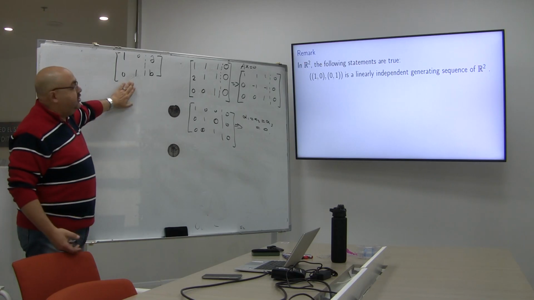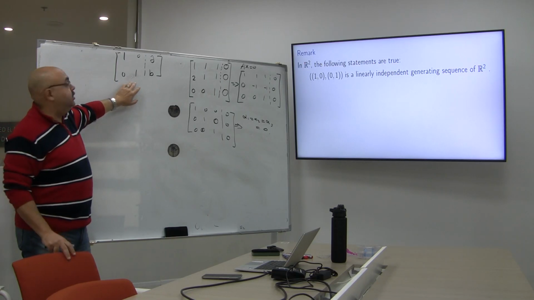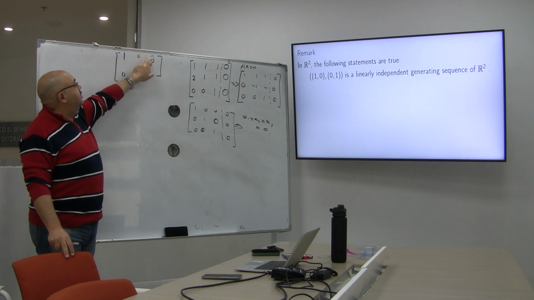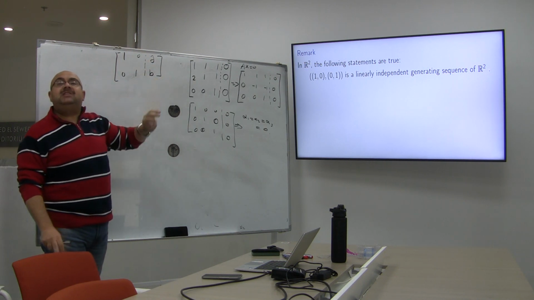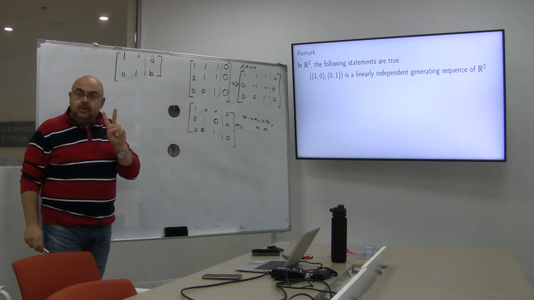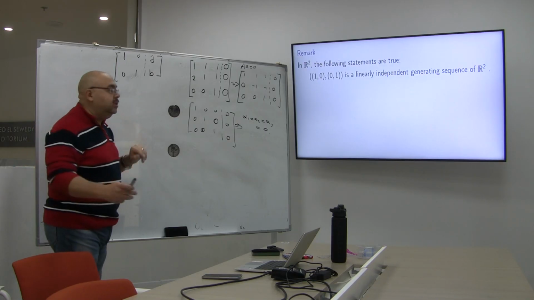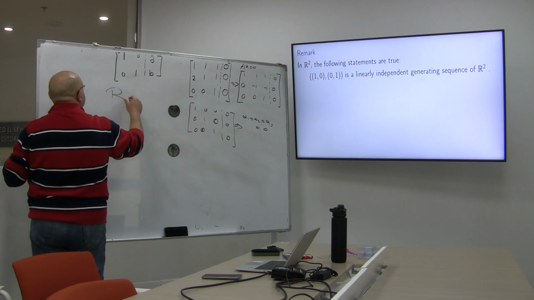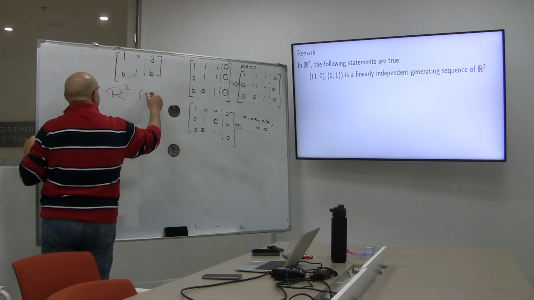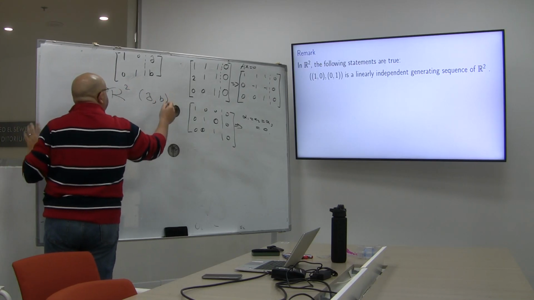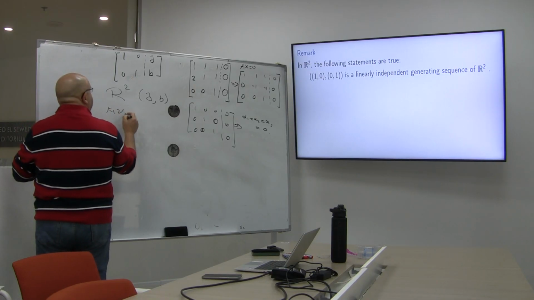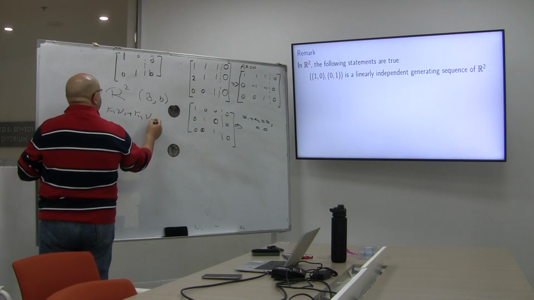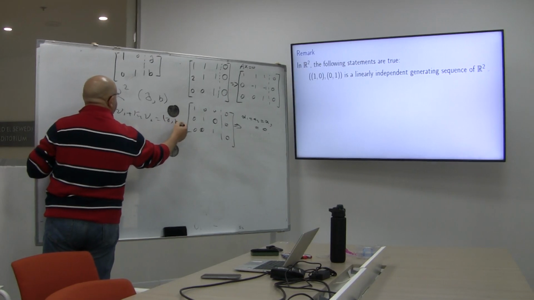If you try to solve this system, it will give you a unique solution: the first value is A, the second value is B, which means that you can generate any vector in R2. Any vector in R2 can be written as (A, B). So simply, I can generate K1 V1 plus K2 V2 equal to (A, B).